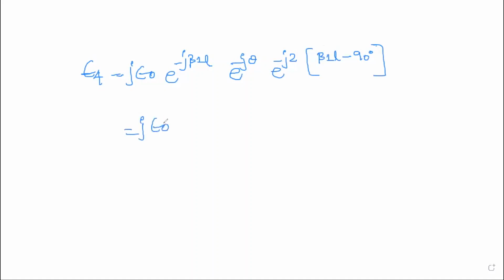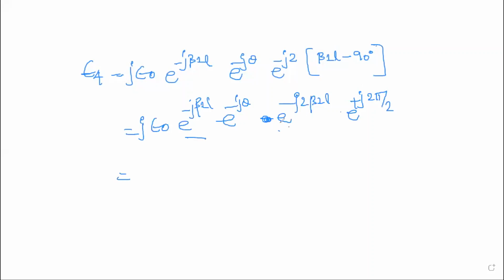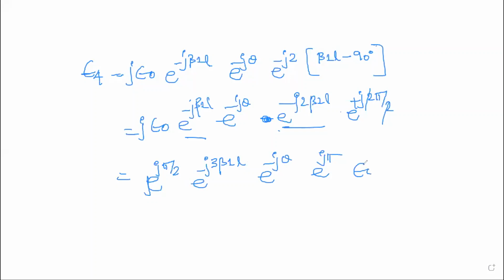Now simplify the same step, e to the power minus j beta 1L, e to the power minus j theta. This will be e to the power minus j 2 beta 1L, e to the power minus j 2 pi by 2 plus pi by 2. So these terms, if you add them, you will get it as j; instead of j, I'll be writing e to the power j pi by 2, e to the power minus j 3 beta 1L, e to the power minus j theta, e to the power, this and this will get cancelled, j pi into E naught.